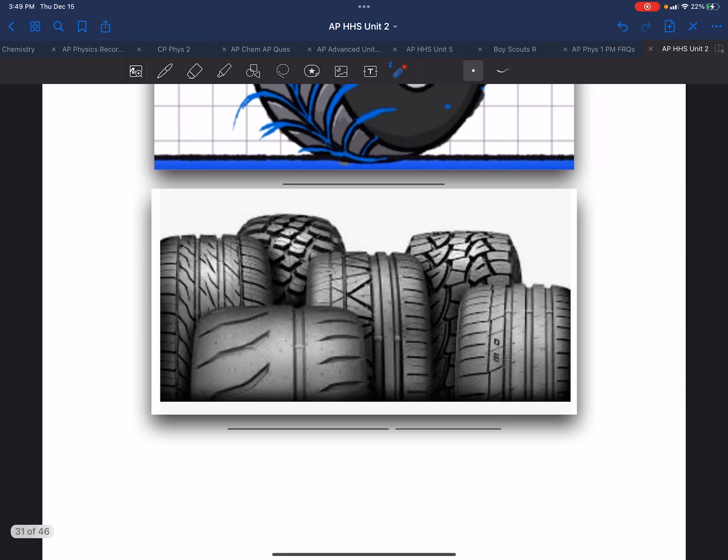And you might suspect then that the tire like this has a lot of volume of crack space, and that's for snow. And this tire here, there's not very much crack space at all, and a lot of rubber meeting the road, and this is what we might call a performance tire for racing and so forth.